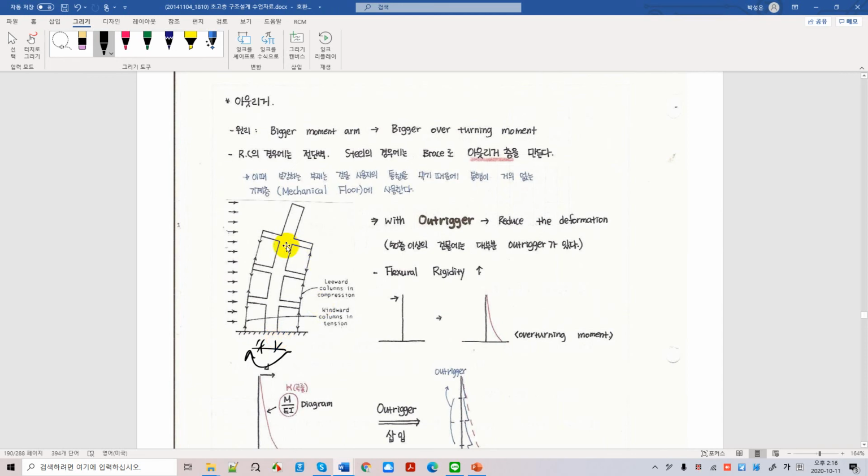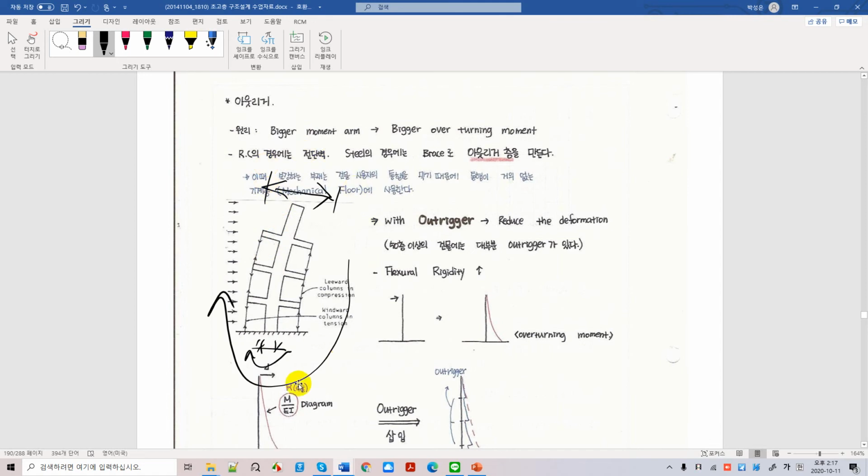How? By installing big arms like a jige. Big arms here, which are called outriggers. Okay. And what happens if you have an outrigger over there? Your moment arm increases from here to here, so that your moment resisting capacity increases significantly.